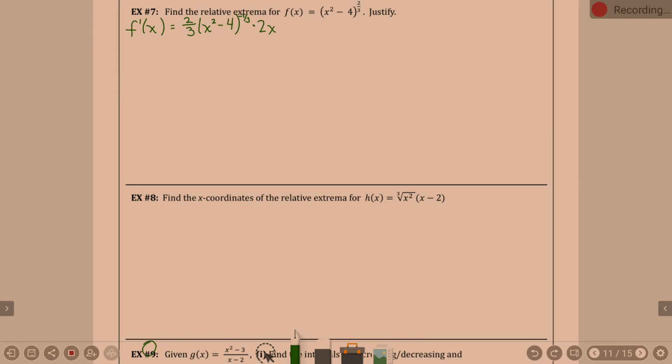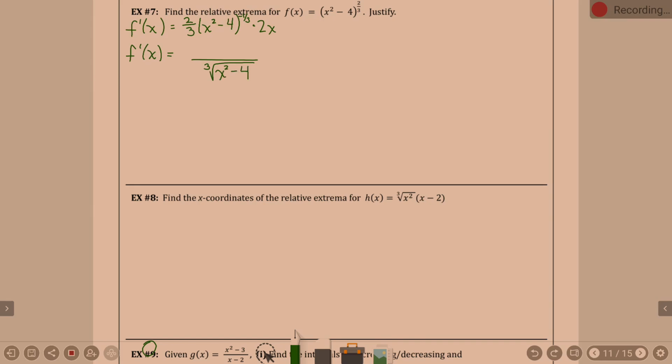Now, if I clean this up some, I'm going to turn it into a fraction, because what about that negative 1/3 power? It's going to go to the bottom, and technically it's a 1/3, so it's a cube root if you want to write it as a cube root.